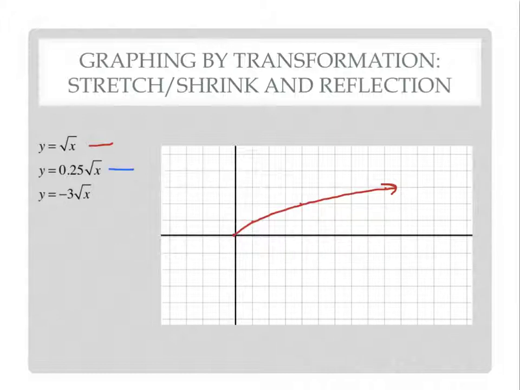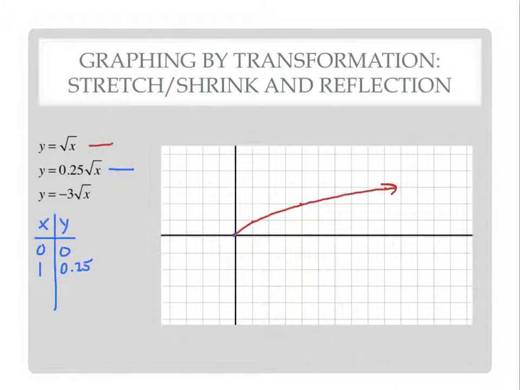All right, so 0.25x. In this case, that's a shrink because 0.25 is less than 1. So it's making all our y values a quarter of the size of what they were before. So that means that 0 is still 0 because when you plug in a 0, you'll still get a 0 out for y. So we'll do a little blue table for this one. If you plug in a 1, you're going to get a fourth or 0.25.